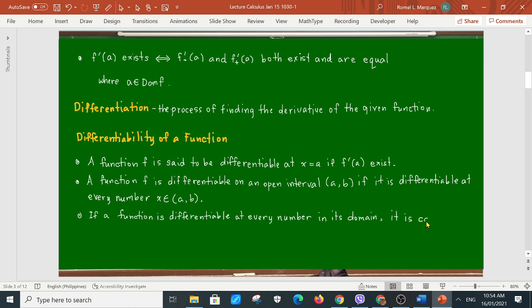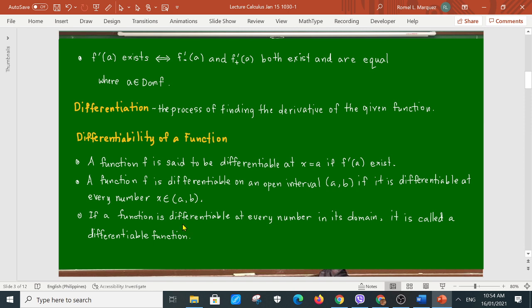So when you say a differentiable function, it means it is differentiable at every number in its domain.